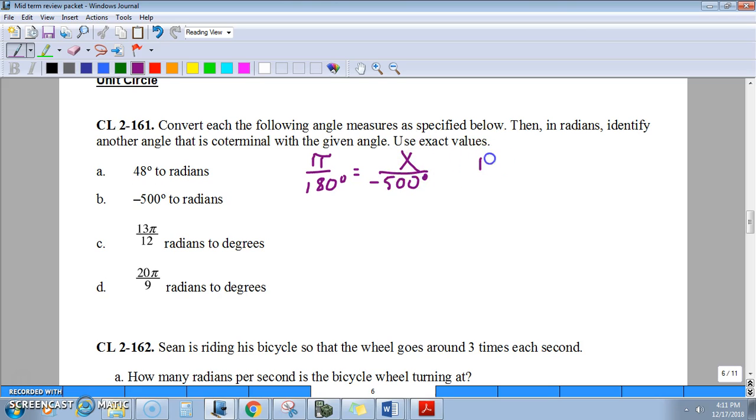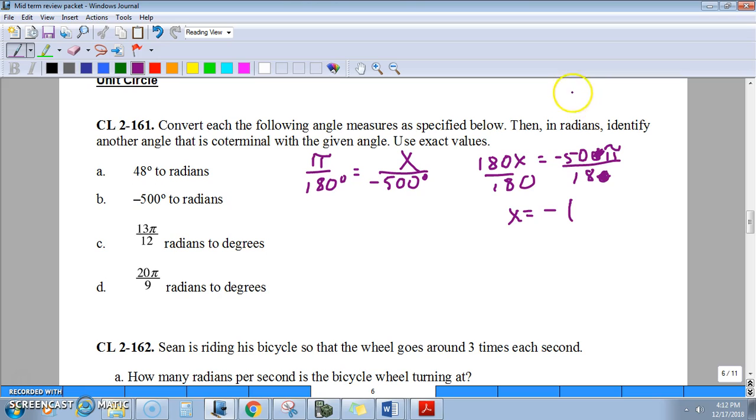So cross multiply, I have 180 times x is equal to negative 500 pi. Divide both sides by 180, and we reduce. X is going to be negative, whatever fraction it is. So first of all, we can just take these zeros off. We have 50 over 18, half and half.